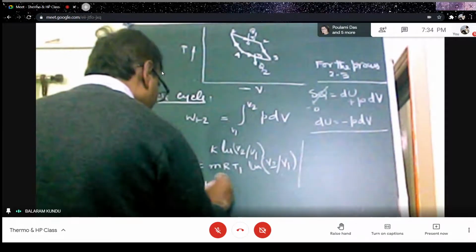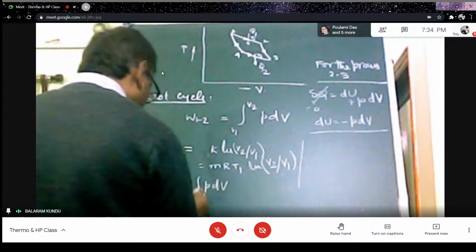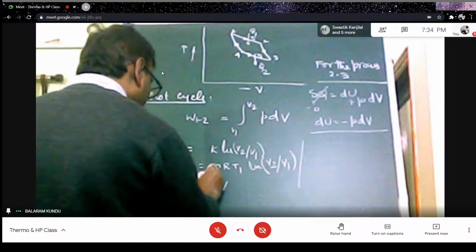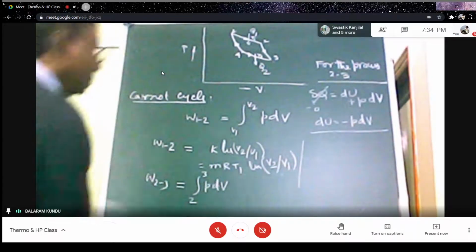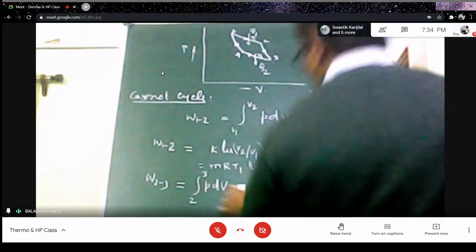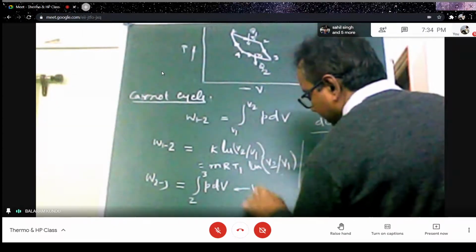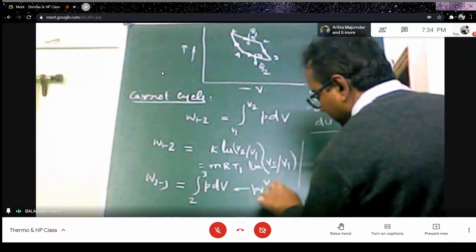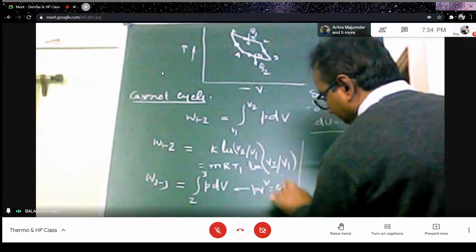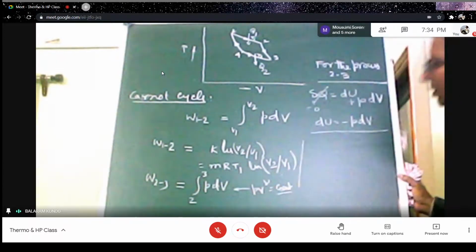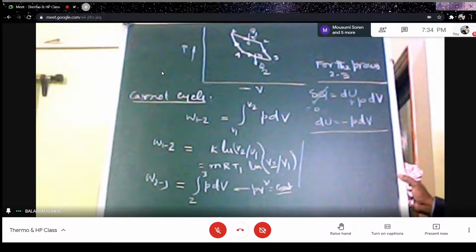So P into dV, from process 2 to process 3, and using PV to the power gamma equal to constant, it is possible to integrate, and we get one mathematical expression for the work developed during the process 2 to 3.